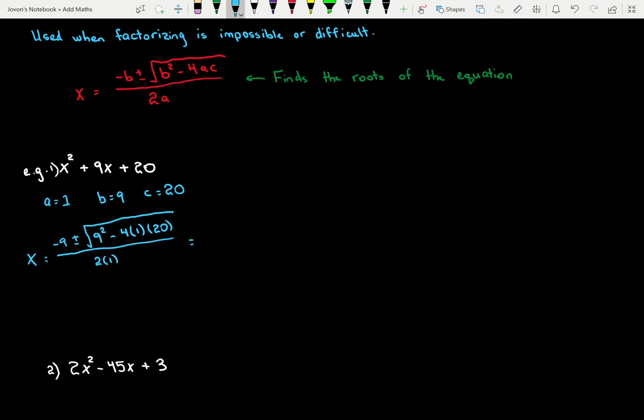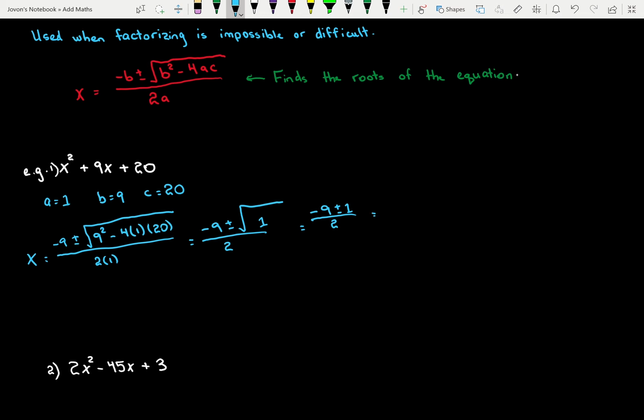That is equal to minus 9 plus or minus the square root of 9 squared, which is 81, minus 80, which is 1, all divided by 2. So this would simplify to minus 9 plus or minus 1, divided by 2, okay?